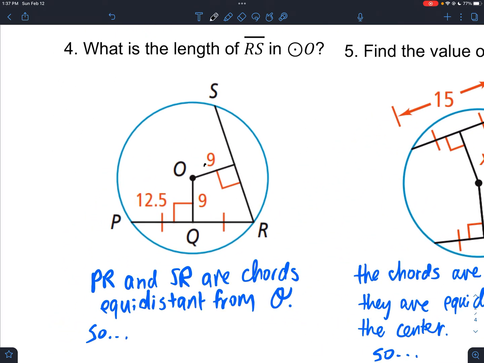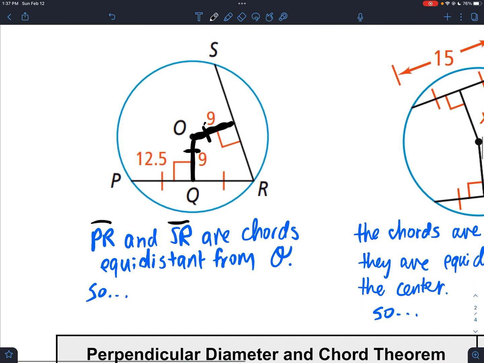I have plenty of examples here, so let's take a look at those. For this one, we see that the distance from O to the chord is equal, they're both 9. So because chords PR and SR are equidistant, they're both 9 away from the center, that means the chords are equal too.